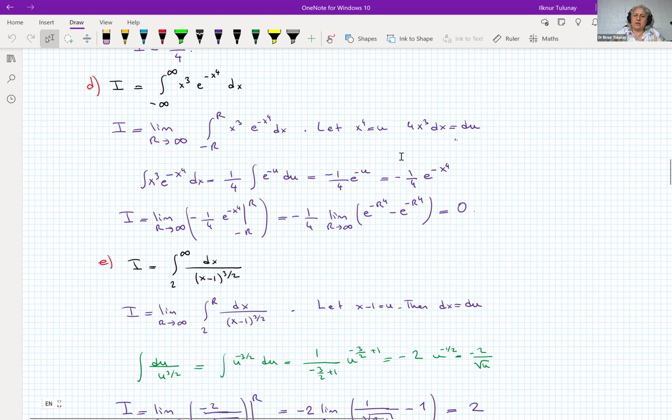Now I'm putting the boundaries. Since I turn back to x, I can use exactly the same boundaries. I don't need to convert them back and forth. I put the r's back in, and then r goes to infinity. So both of them go to minus infinity, and e to the minus infinity is just 0. E to the minus infinity is 0. 0 minus 0 is 0. So this is 0.